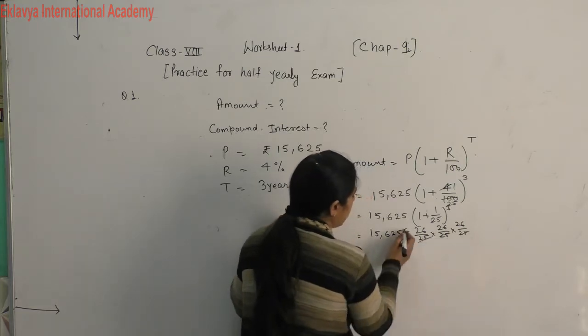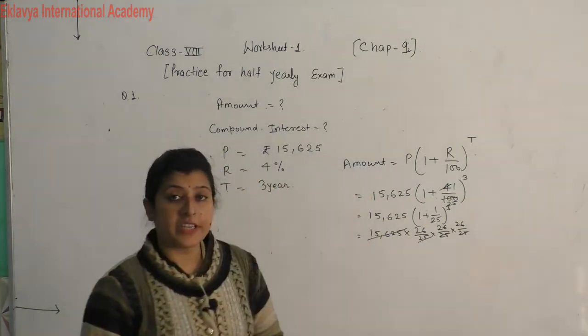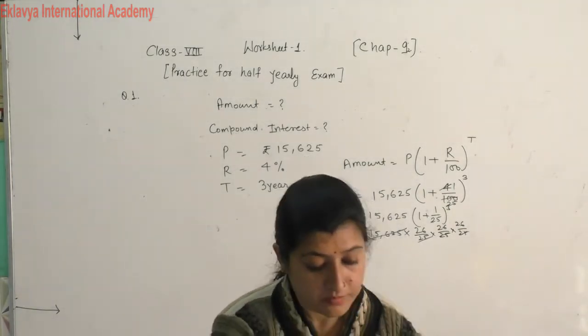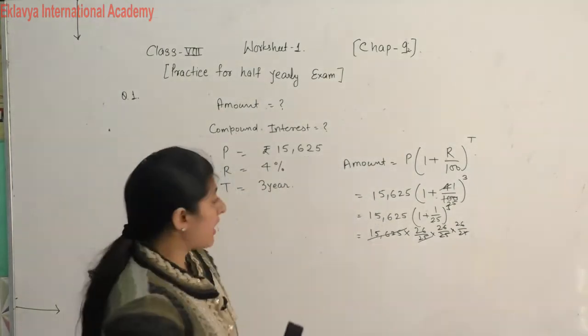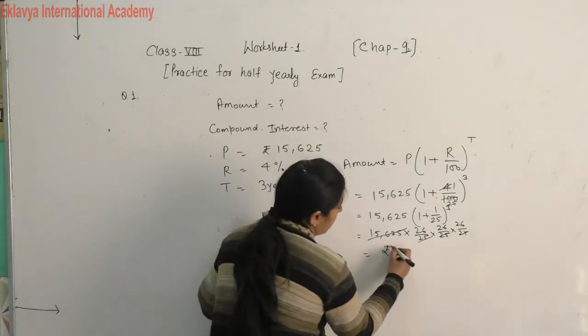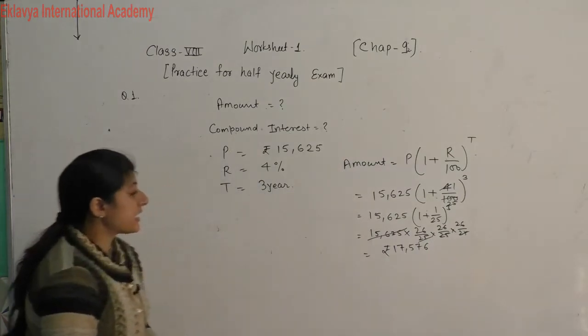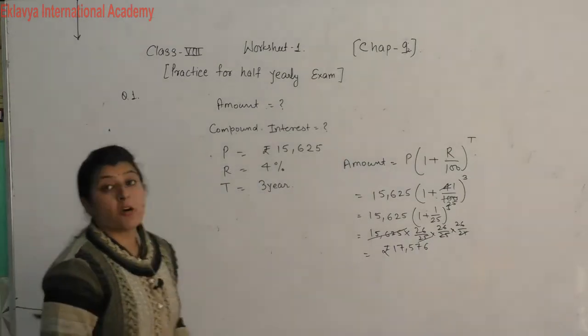When you multiply it, you will get 17,576. This is your compound amount.